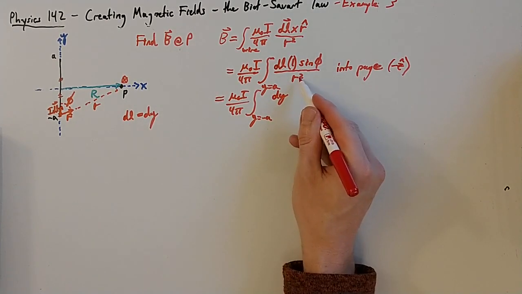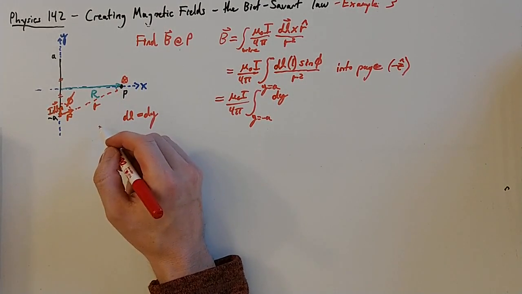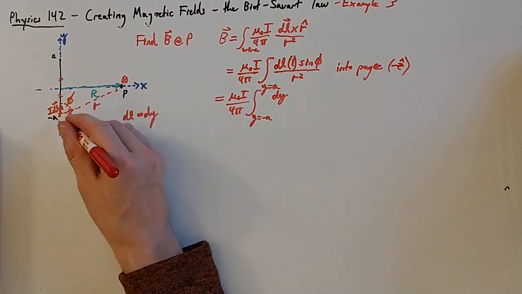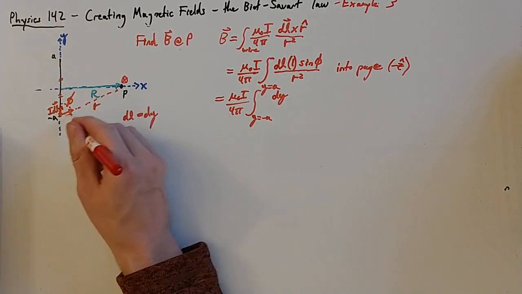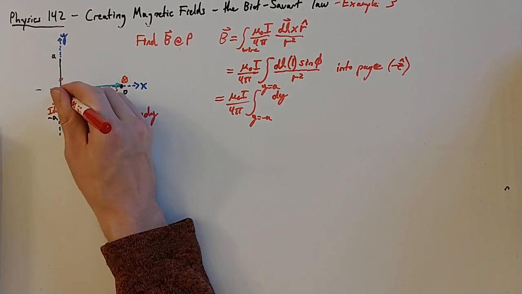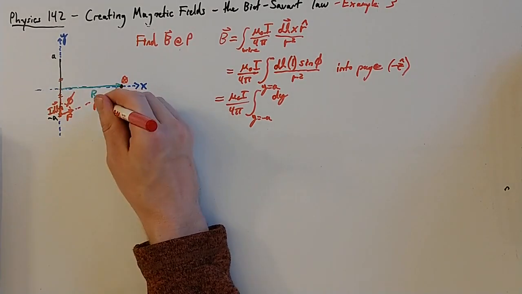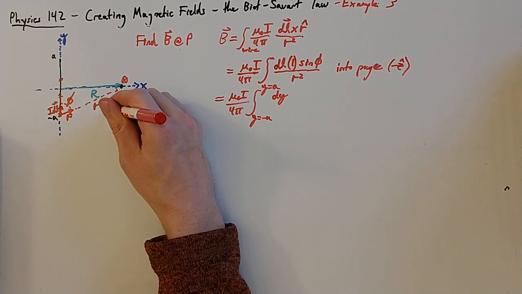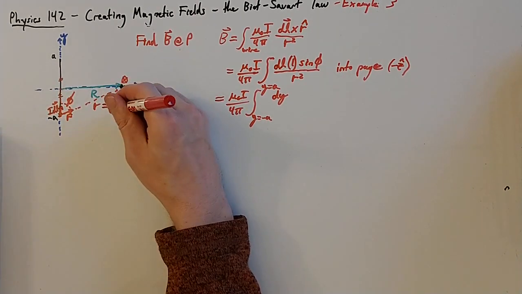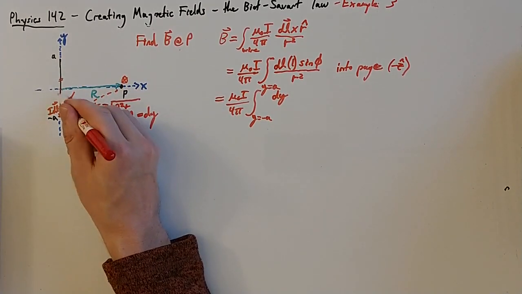Now, what about little r? How can we relate that to y and the variables that we know in the problem? Well, little r here is part of a triangle. Here we have a right triangle with little r, big R, this distance, and our position along the triangle. So little r is going to be the square root of big R squared plus our location along here.